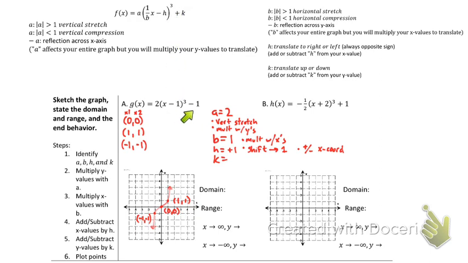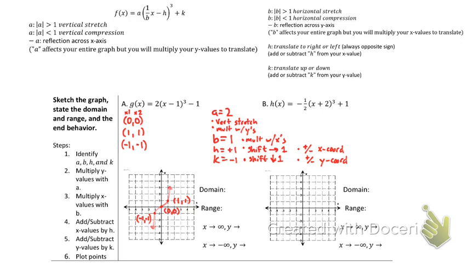We have -1 here, so -1 is my k value. You don't have to switch signs. And that's going to shift down 1. If you look, your k value shifts up or down, and it adds or subtracts to the y value, the y coordinate.